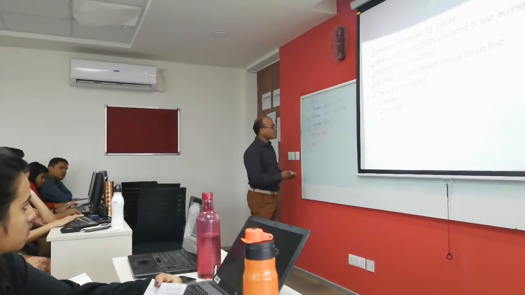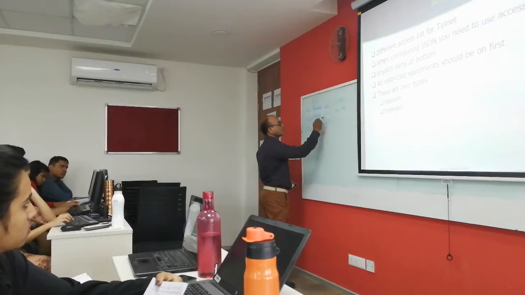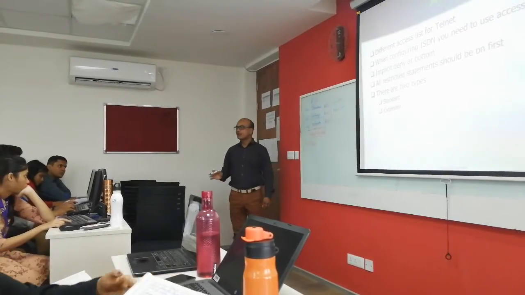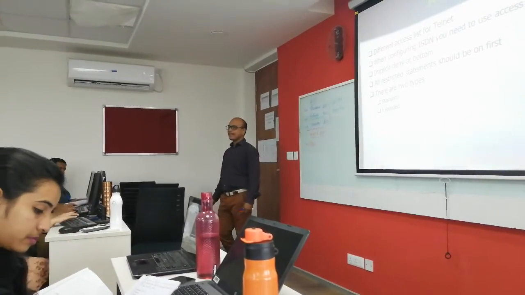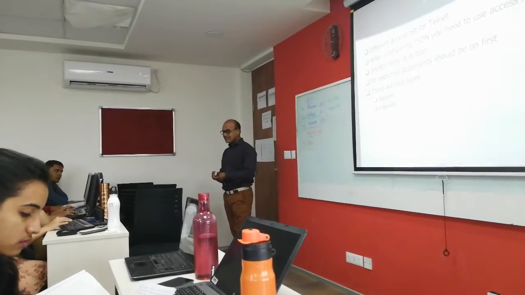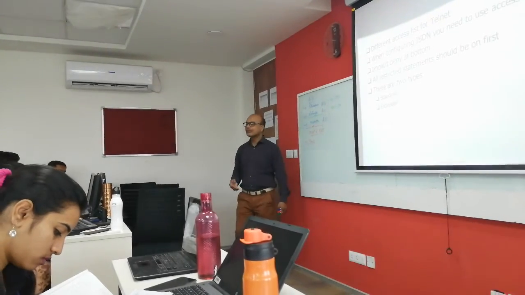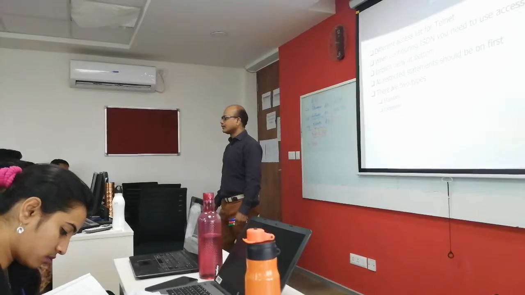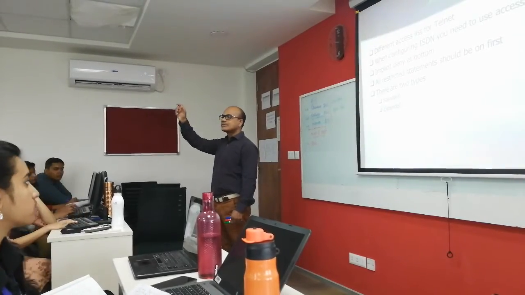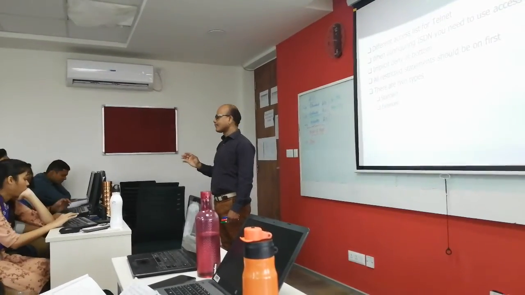Keep in mind, nowadays we are not using these two, standard and extended numbered lists. We are using the named access list, which is very helpful. For example, like we did with DHCP, first we give a DHCP pool name.